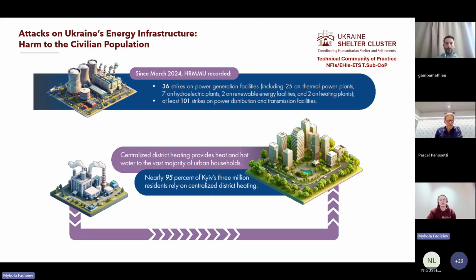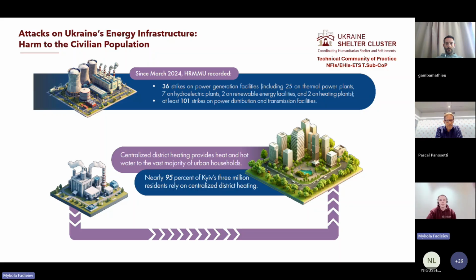Actually, the energy situation in Ukraine is very difficult, and there is a significant risk of the situation worsening. It will be correct to say that the vast majority of the power generation facilities are targeted by the Russian Federation.